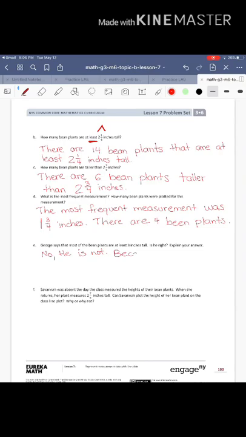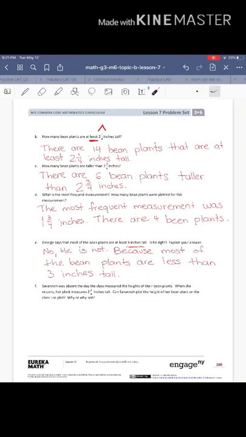Because most of the bean plants are less than 3 inches tall.